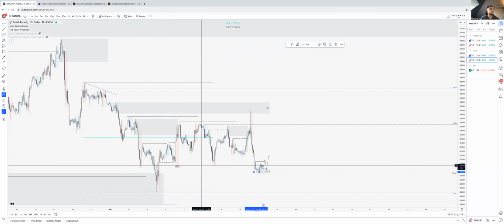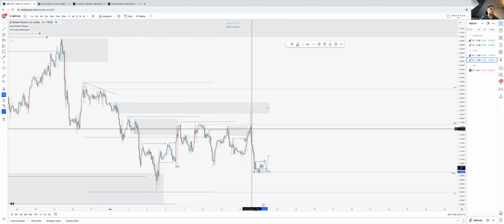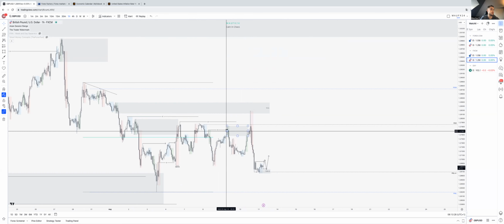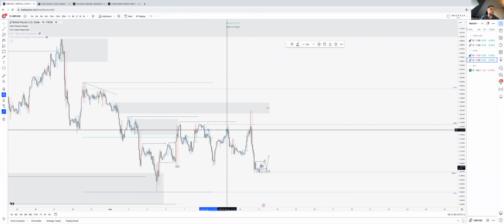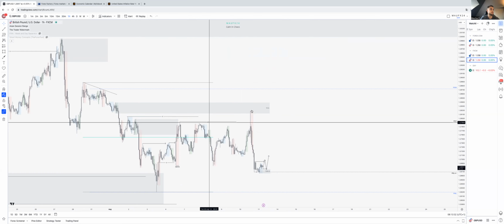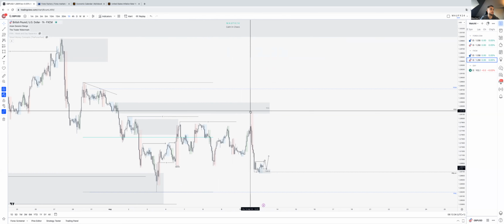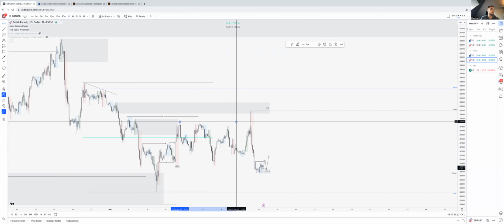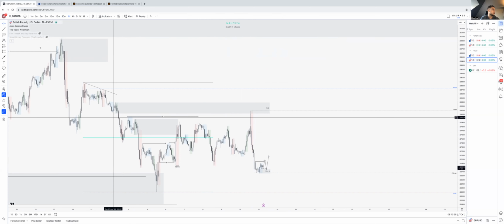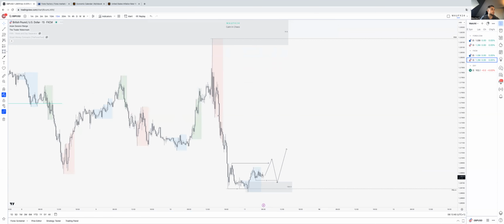Got below those lows. Again, pretty straightforward that was going to happen. Check out all this. New previous daily highs up here. Nice reaction from that level. And we can look for shorts from here.